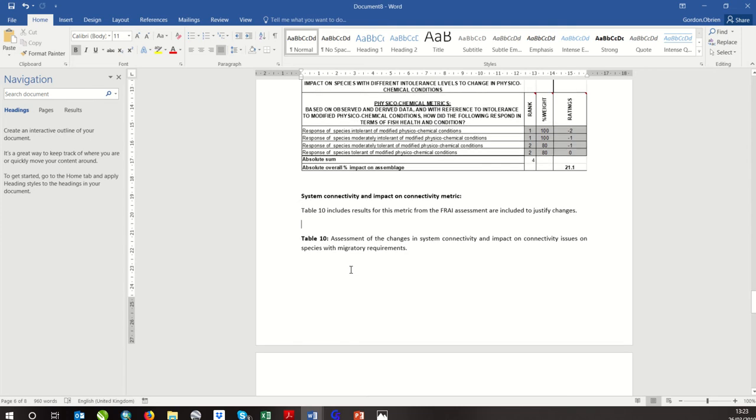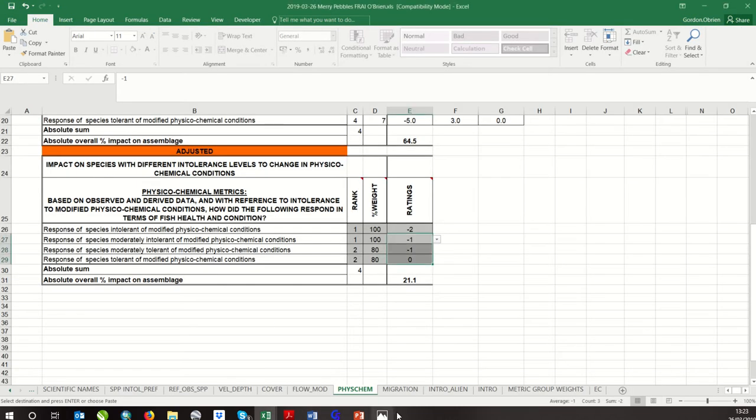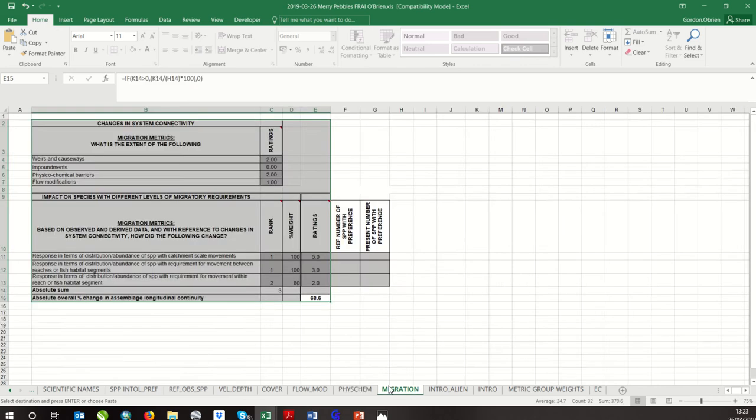Then if you look at system connectivity and impacts on connectivity metric, the first thing I did was look at whether there's a chance of causeways, impoundments, and physicochemical barriers.